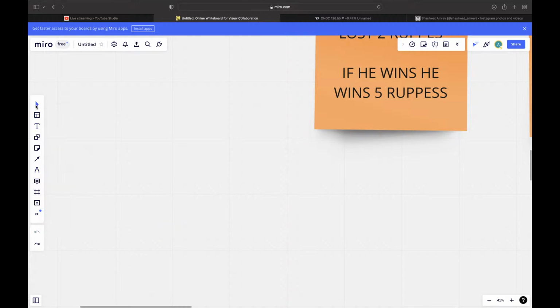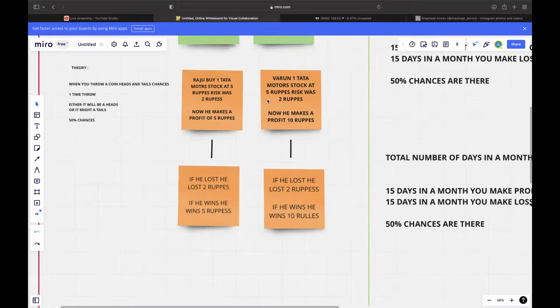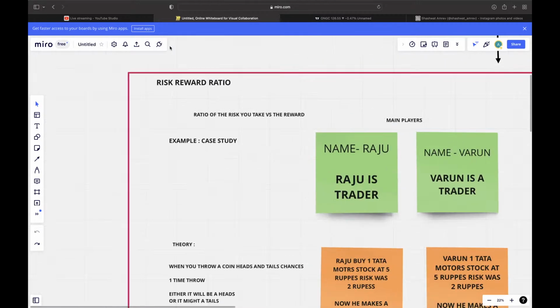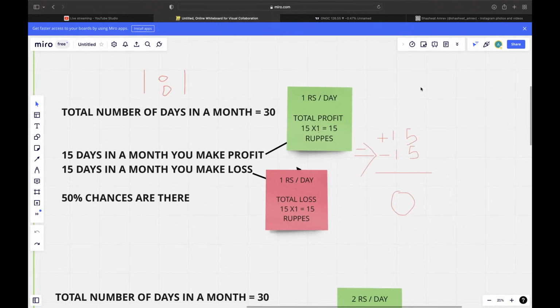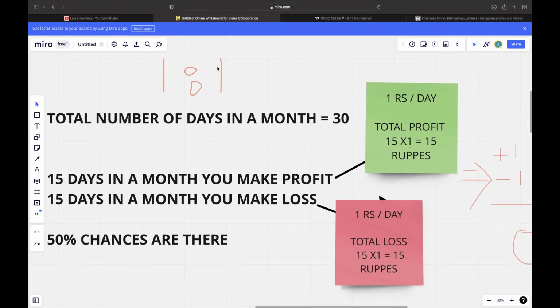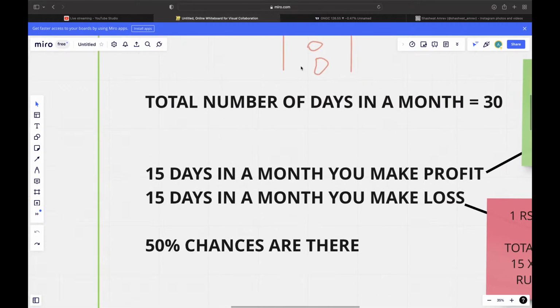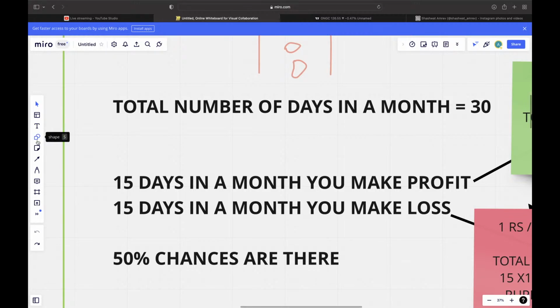Now let's go deeper into this concept, what actually is a risk reward ratio. Let's learn through this concept known as 30 days in a month. This concept will tell you why we need this and how we can put this risk reward in brokers and all.